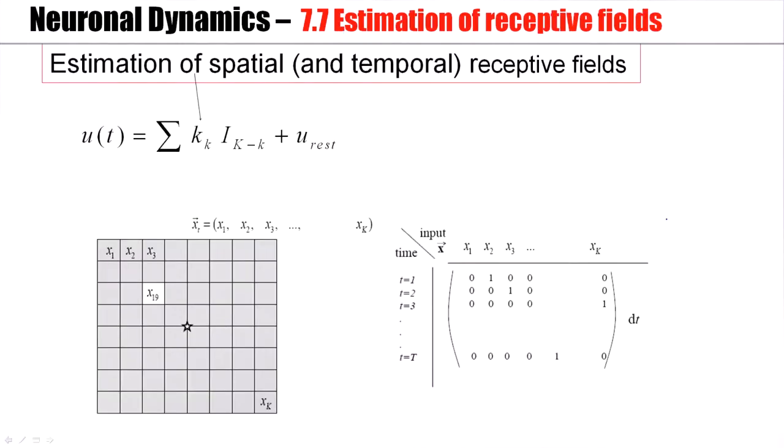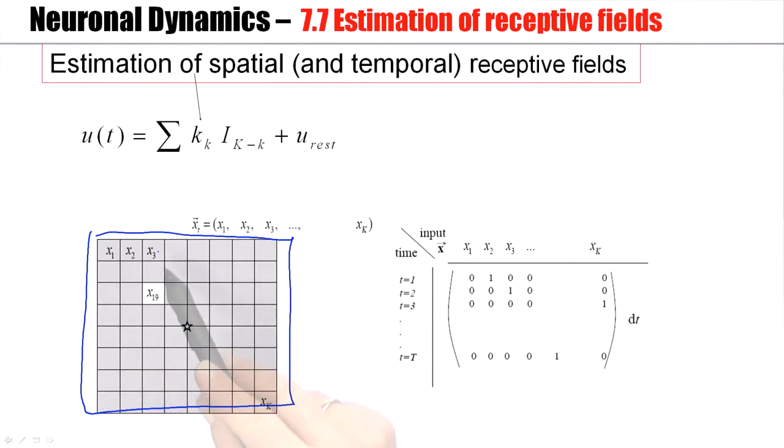Now for receptive fields, we have a spatial receptive field, so that this is the screen and the light dot may occur wherever, for example in field number 19. So the input vector is now a spatial vector, and a single stimulus at time 1 might be that the light sits here.